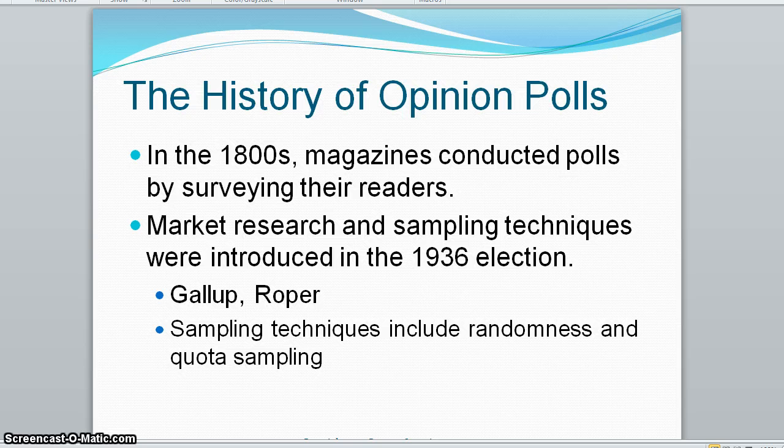Quota sampling involves finding certain types of people based on demographics and interviewing them, but that may create a sample that is non-random, inaccurate, and biased. As far as national surveys, organizations like Gallup and Roper generally interview about 1,500 people for their national surveys.